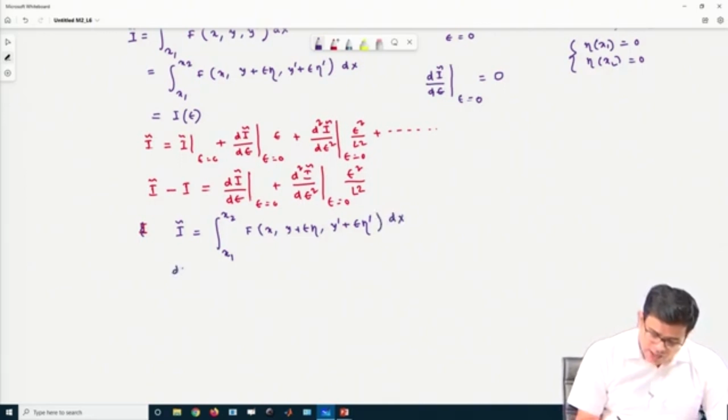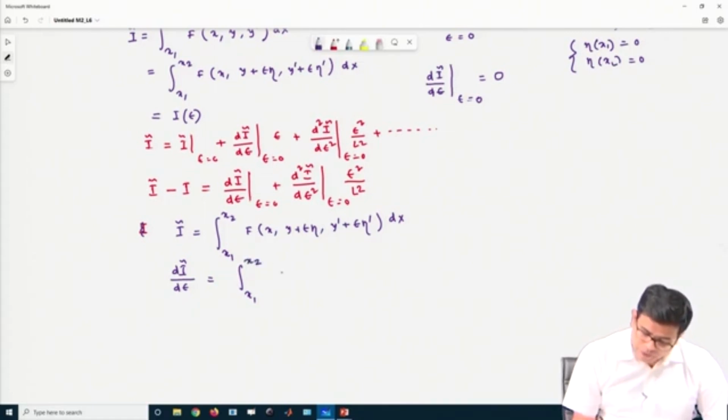Now if I have to compute d I tilde by d epsilon, it is just simply the chain rule that I will follow.